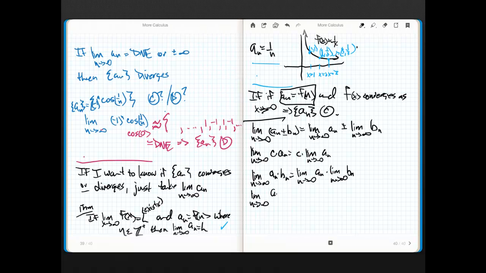The limit as n goes to infinity of a sub n divided by b sub n is equal to the limit as n goes to infinity of a sub n divided by the limit as n goes to infinity of b sub n, so long as the limit as n goes to infinity of b sub n does not equal 0.